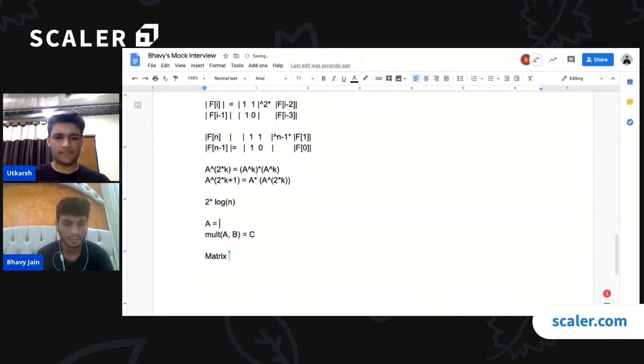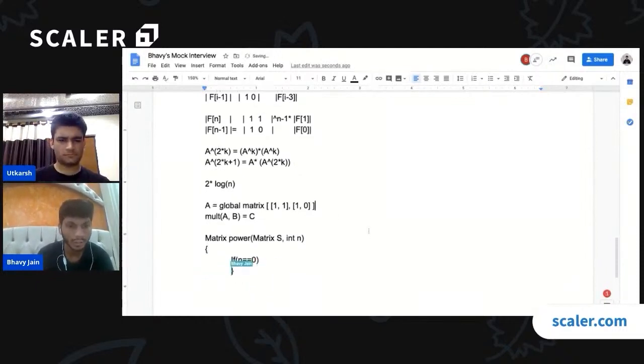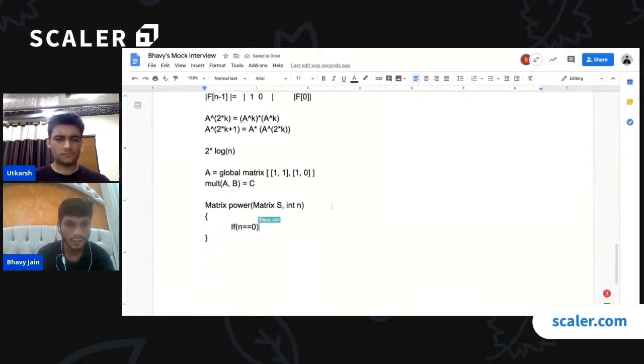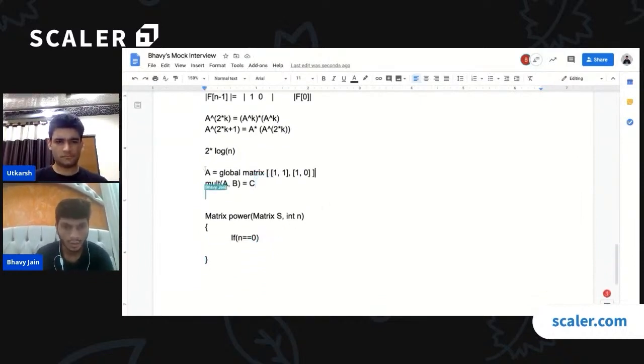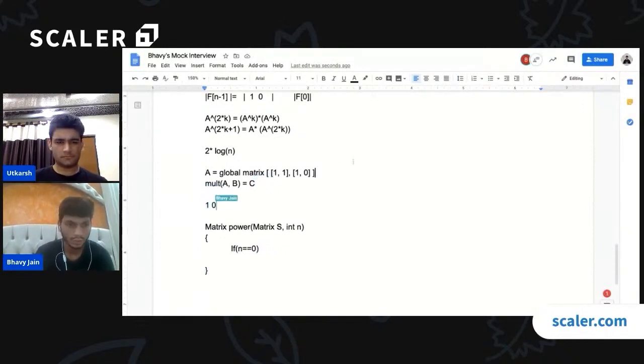Matrix power, matrix S comma int n. So if n is 0, we know that any matrix raised to 0 returns the identity matrix. A raised to 0 equal to I, and the identity matrix is 1, 0, 0, 1.